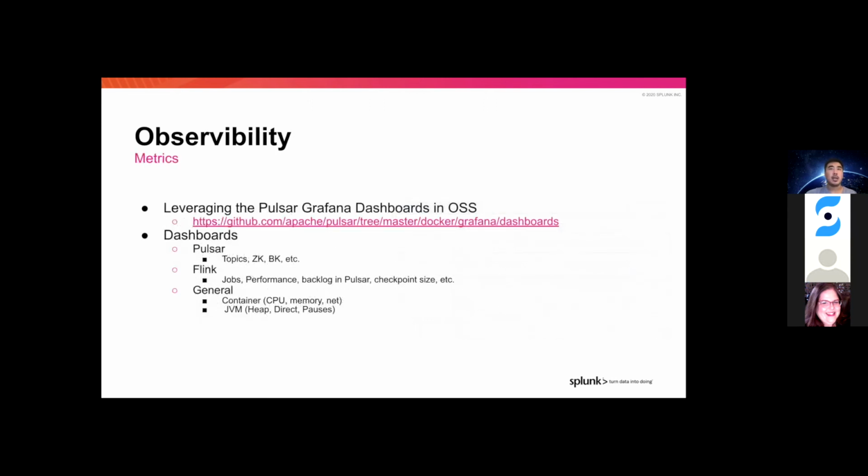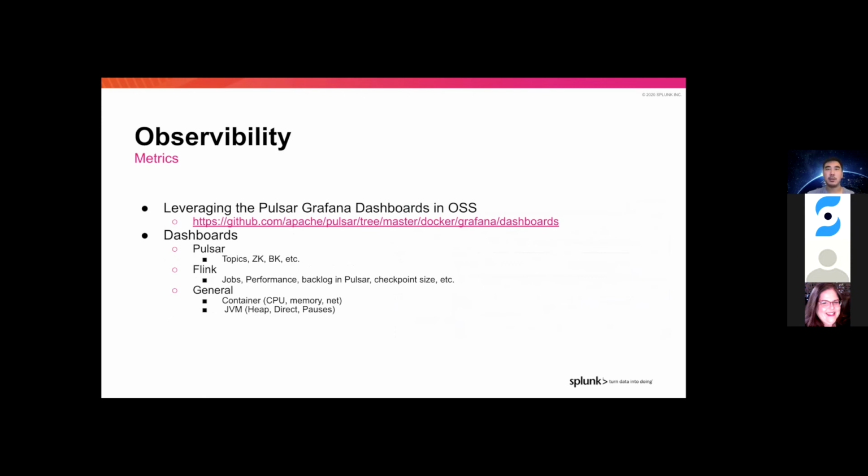I also talked about how we use Grafana at Splunk to monitor both Pulsar and Flink. For Pulsar, we're leveraging the open source dashboards that I've listed here on GitHub. We're leveraging the suite of dashboards to get fine-grained statistics on topic metrics, broker metrics, ZK, and bookkeeper, all of those as well.